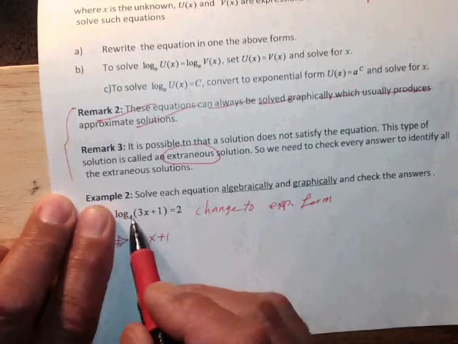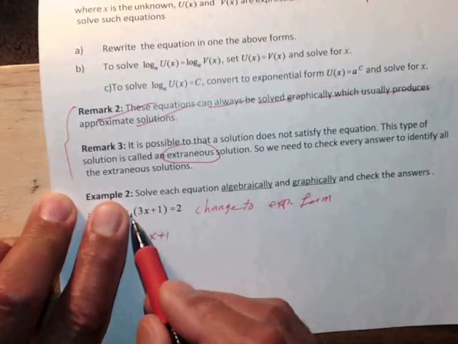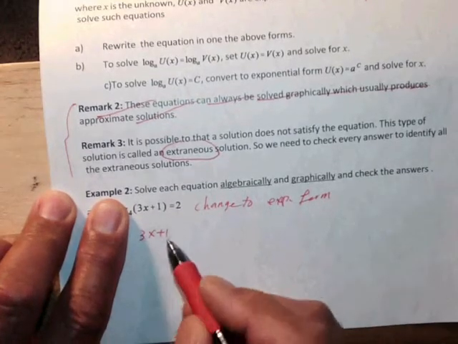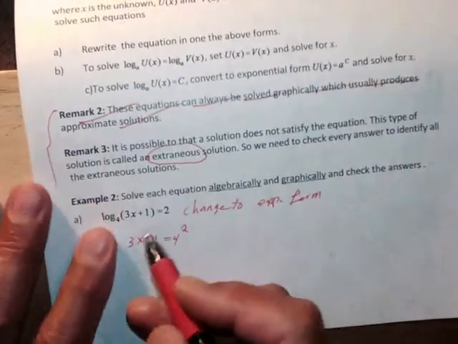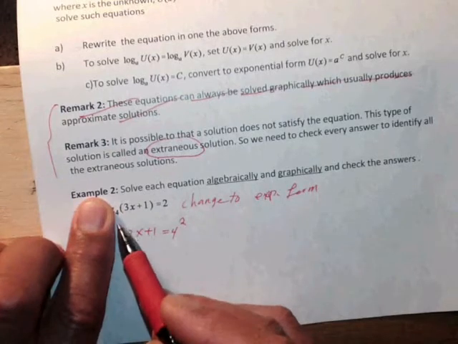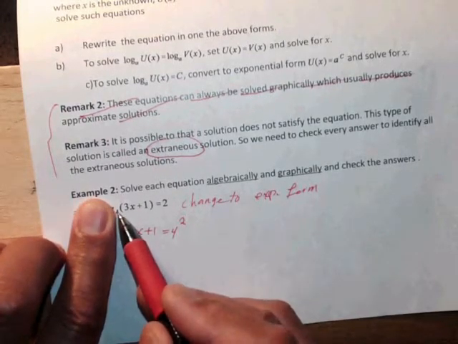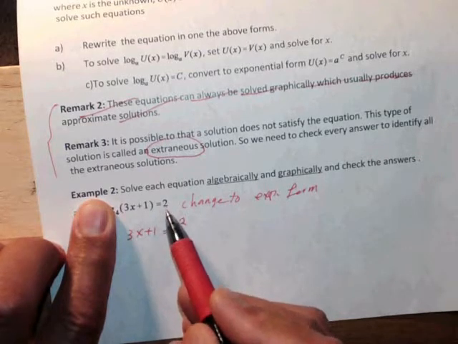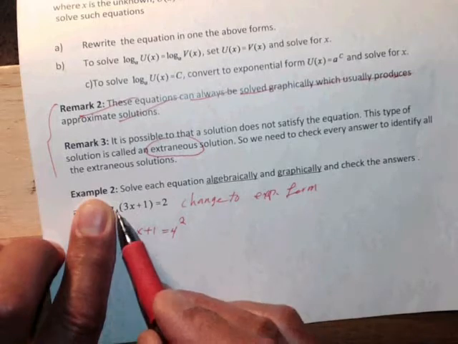If you put your finger on the log, so you don't see it anymore, it's gone, and then move this 4 to the other side. That's how you get from logarithmic to exponential. So 3x plus 1 is equal to 4 to this power.